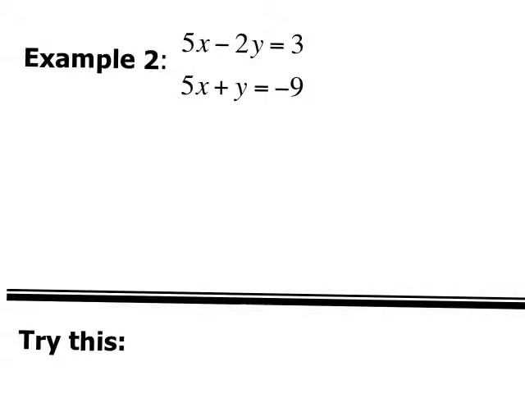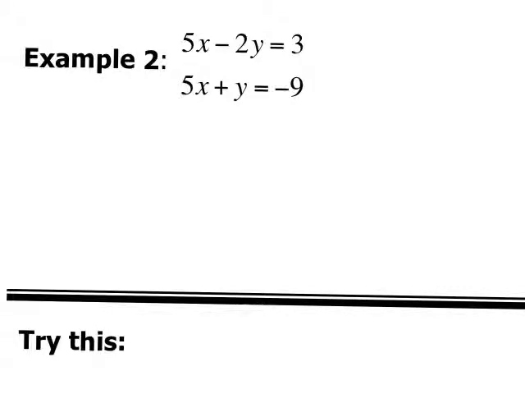And some teachers actually teach that. But I am not one of those teachers, because I don't like that sometimes you add and sometimes you subtract. You can, but I'm not going to do it that way. Does that make sense? So that's an option. I'm not going to teach you that option, but if you want to do it, by all means, okay?